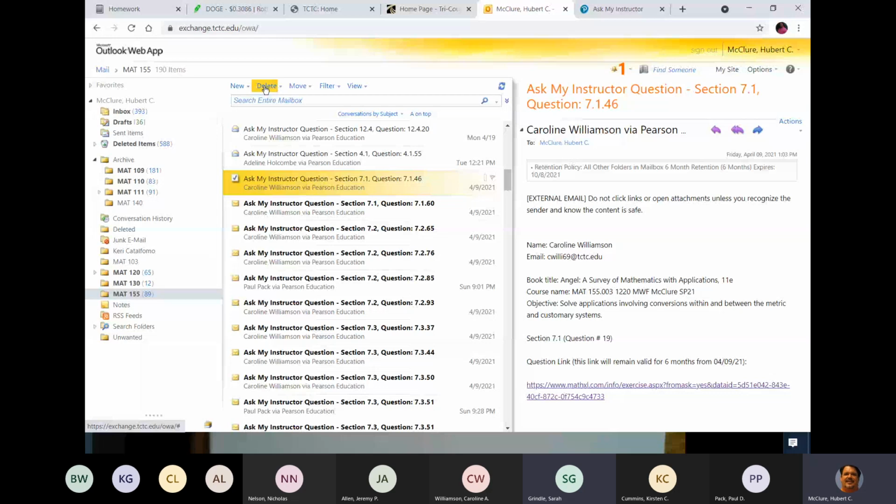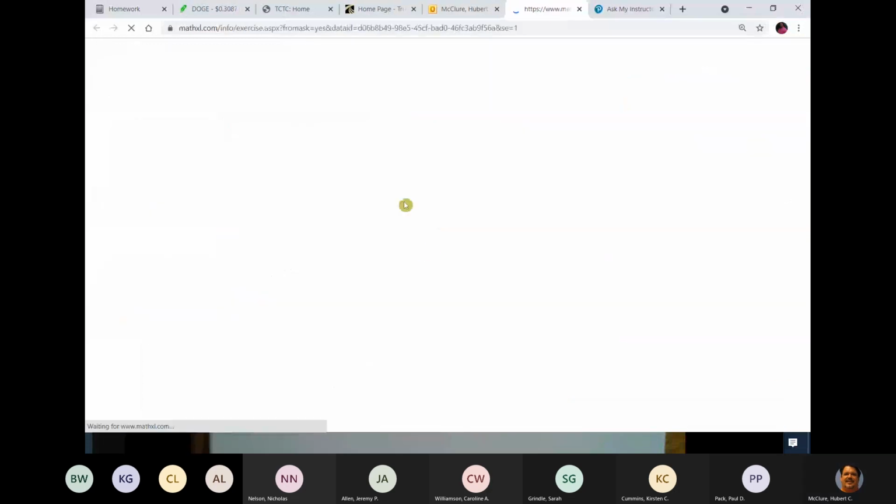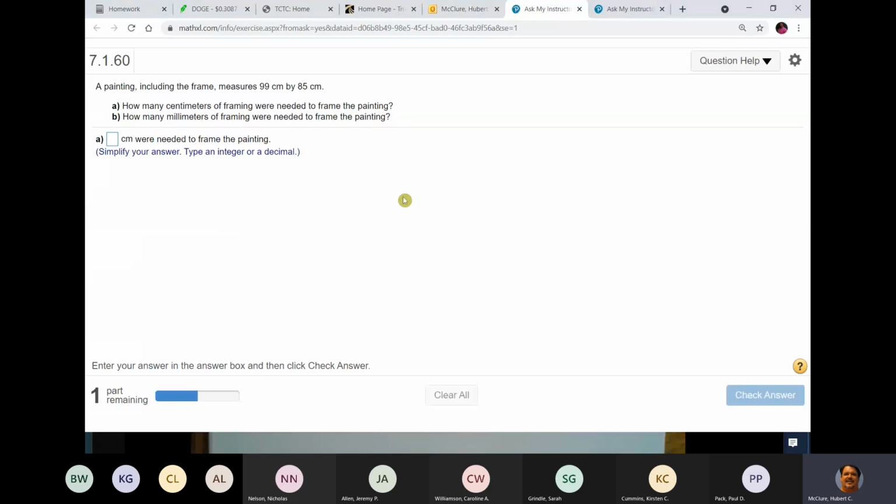All right. Is this the same one? Number 19. We just did that one. 7.160/25. A painting, including the frame, measures 99 centimeters by 85 centimeters.